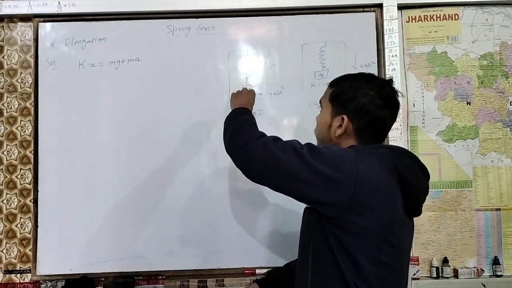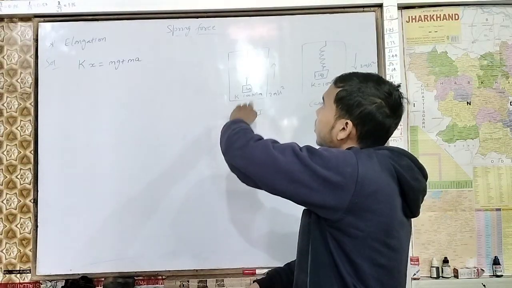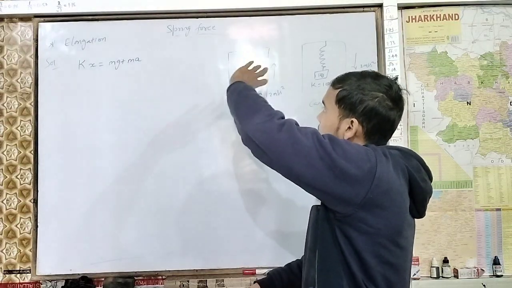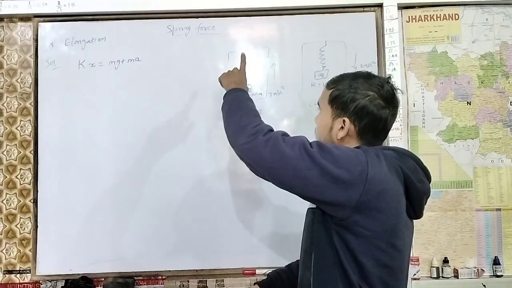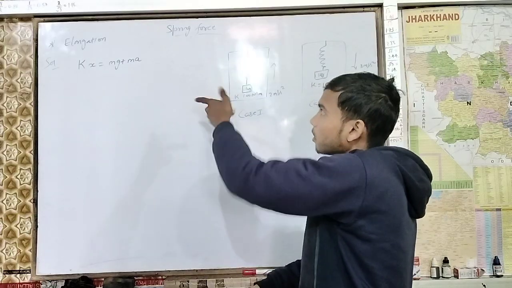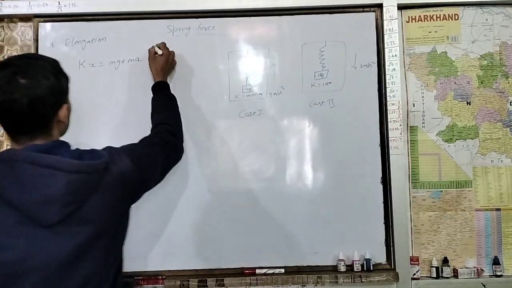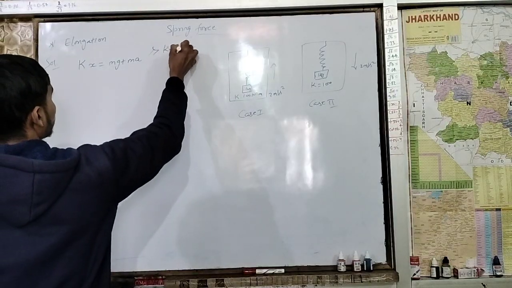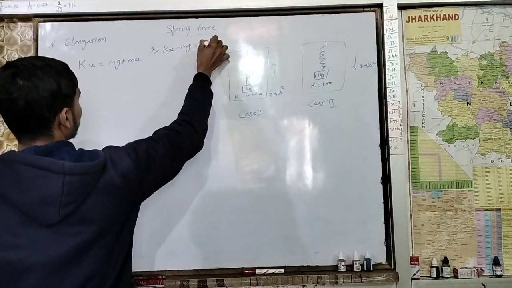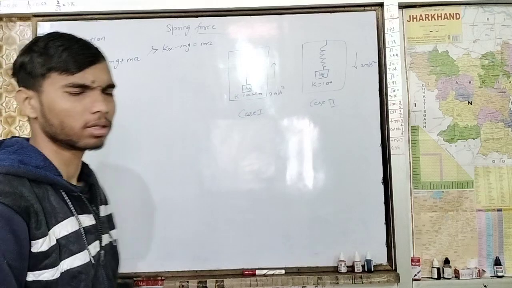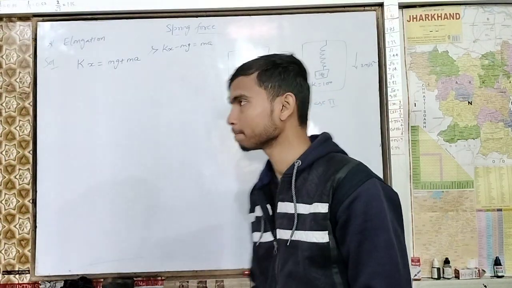In this case the spring force is upward. So kx minus mg will be equal to ma. Where did this come from? Net external force is equal to ma.